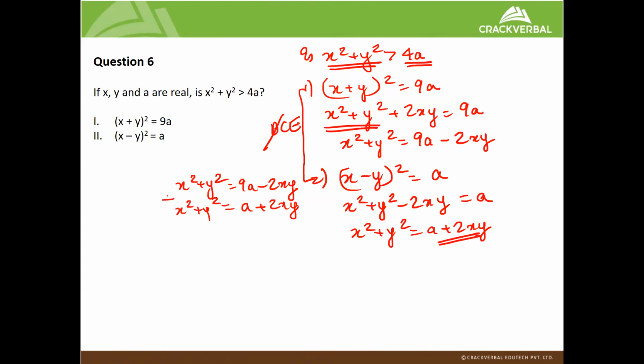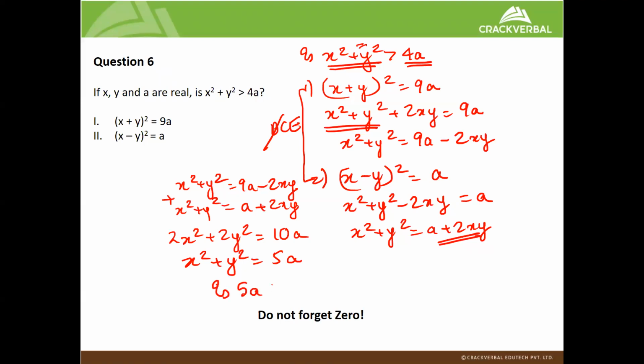So clearly I can add the two here because 2xy would cancel. So I have 2x square plus 2y square is equal to 10a, or x square plus y square is equal to 5a. So the question now becomes, is 5a greater than 4a? And most of y'all, just by looking at this, will have said that this is sufficient.